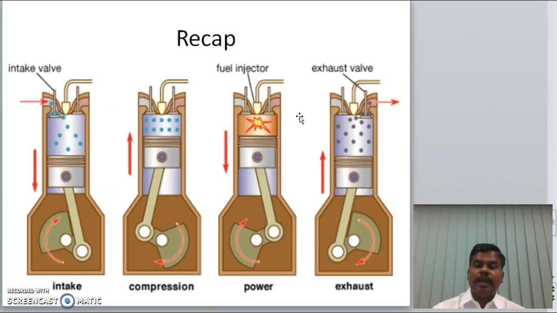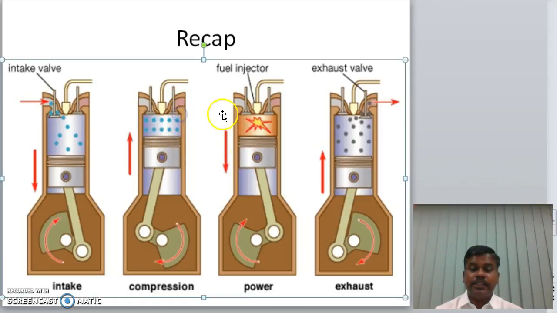So we can recap these four operations. The first one is the suction stroke, where the air comes in. The second one is the compression stroke, where the air gets compressed. When it attains TDC, a metered quantity of fuel is injected into the compressed air and it gets ignited, and power is produced.